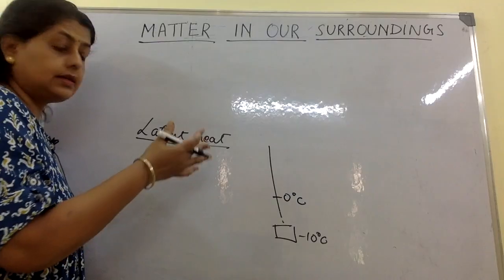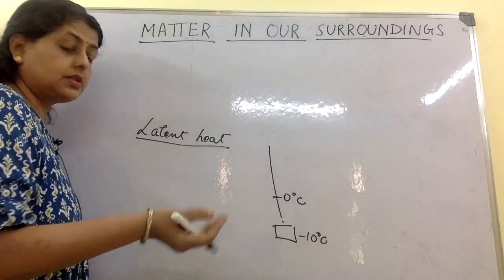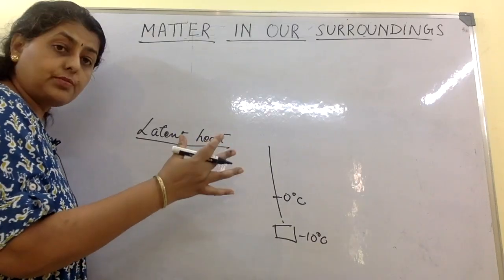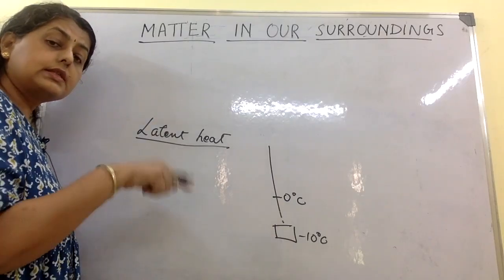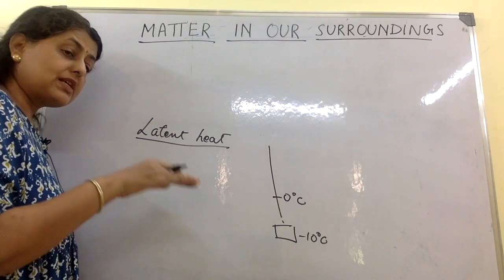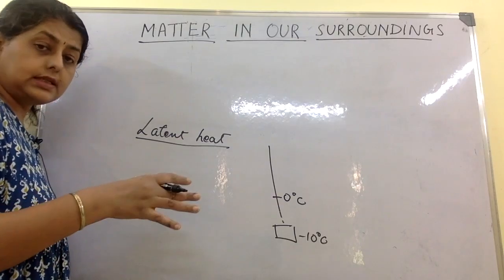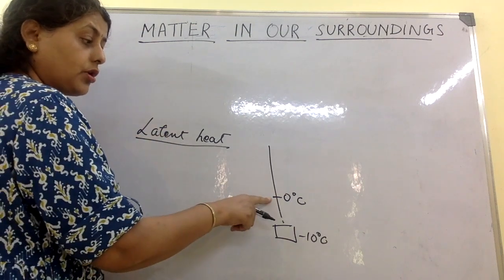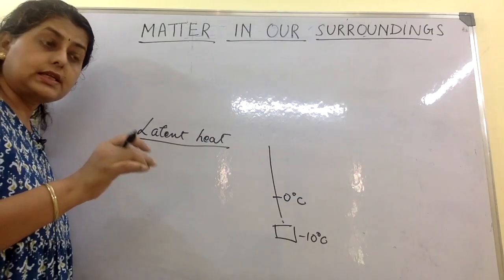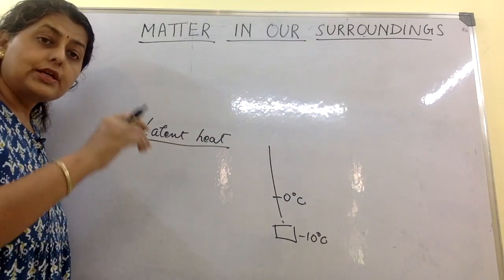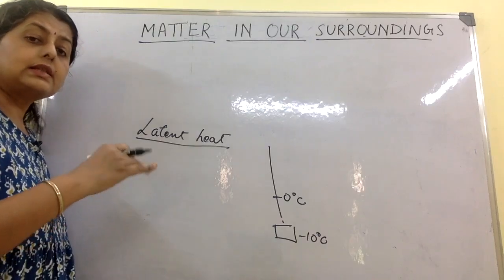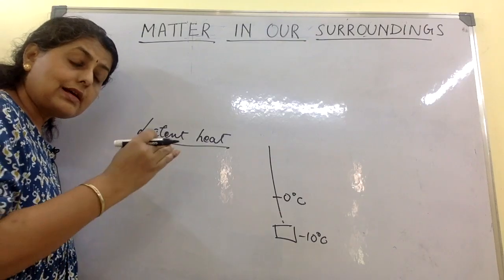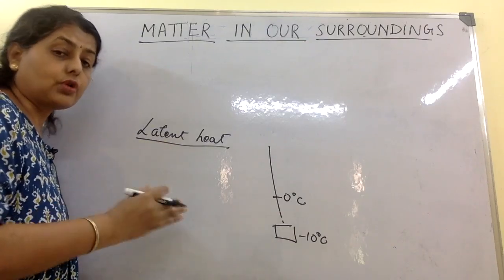I am still heating it. Remember, ice in cold countries will be at minus 30, 40, 50, so that ice takes a lot of time to heat and melt. Once it has reached 0 degrees centigrade and you are still heating it, the ice is converting to water. If you place a thermometer in it, you will see that the temperature is not increasing until all the ice has changed to water.